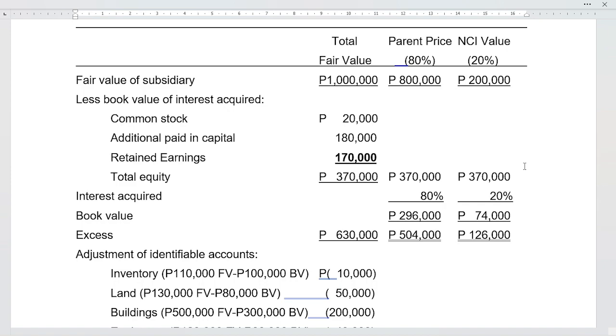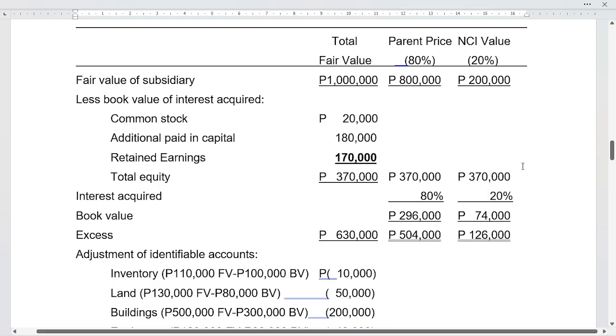To get the book value, we will multiply the total equity by its percentage. For the parent price, we get 296,000 book value by multiplying 370,000 by 80%. While in NCI value, we have a book value of 74,000 by multiplying 370,000 by 20%.